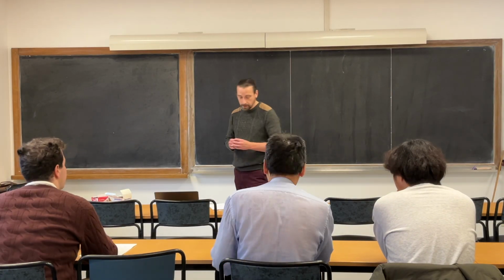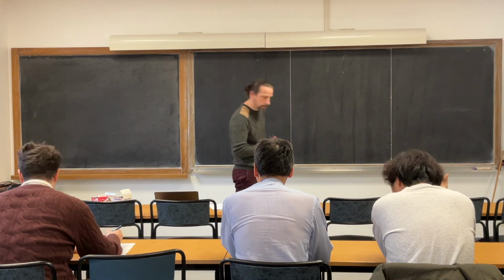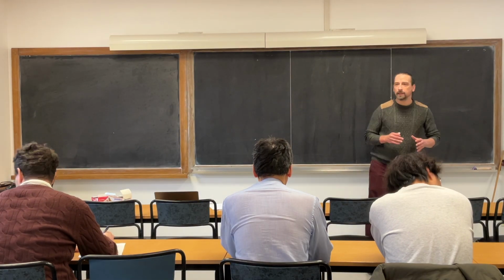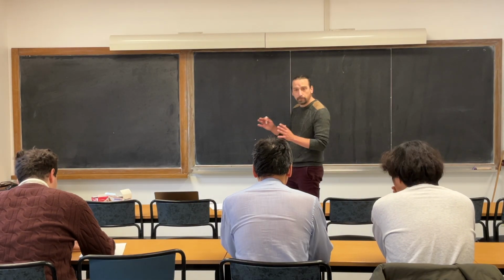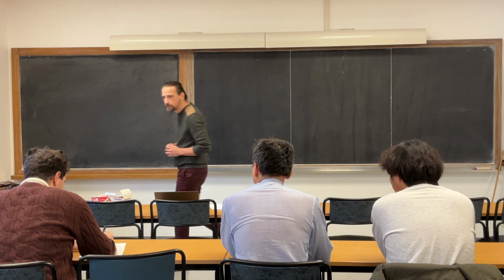So, what I plan to do today is to summarize briefly what we have done so far, to get the whole picture on the board once more, to make sure that we're all on the same page.